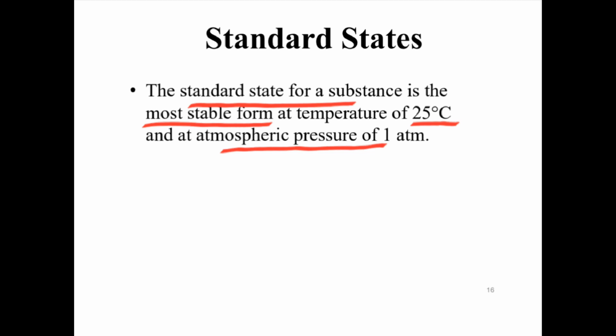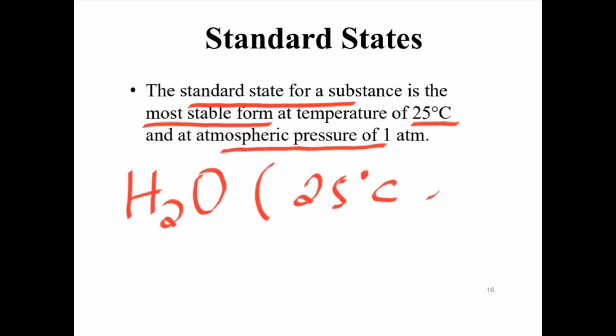So the standard state of a substance is its phase, in other words the most stable form at 25 degrees Celsius and atmospheric pressure of 1 atmosphere. So for example, water is liquid at 25 degrees Celsius and 1 atmosphere, so the standard state for water is liquid.